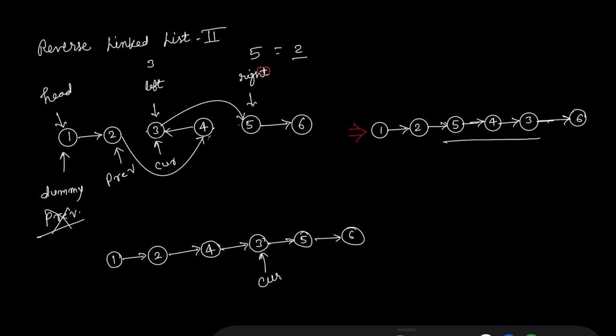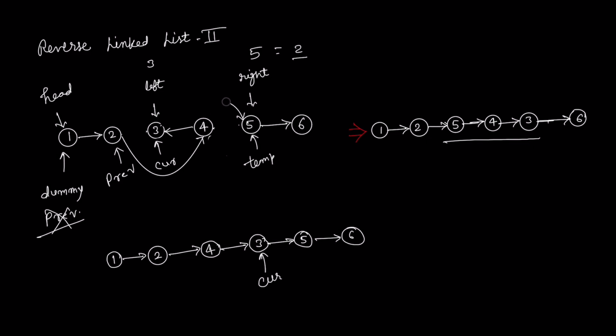That means current dot next we have to target. I will take this target. Okay, so this is current. So now current dot next will be its next to next. Previously current next was 5, but now it will point to 6. Okay, so 3 is now pointing to 6.